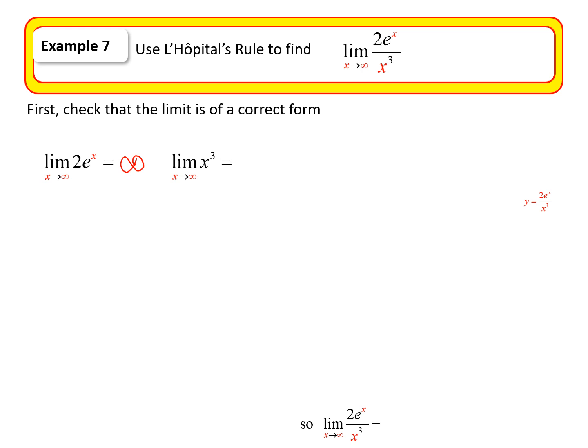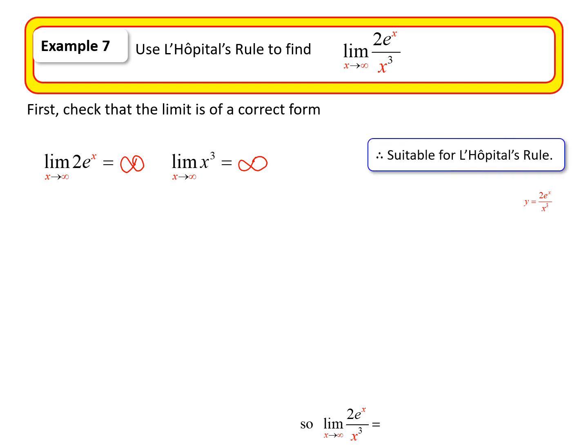And as x tends to infinity, x to the power 3 is again infinity. So here we've got the form infinity over infinity, and therefore we can use L'Hopital. So it's suitable because it's in that form.